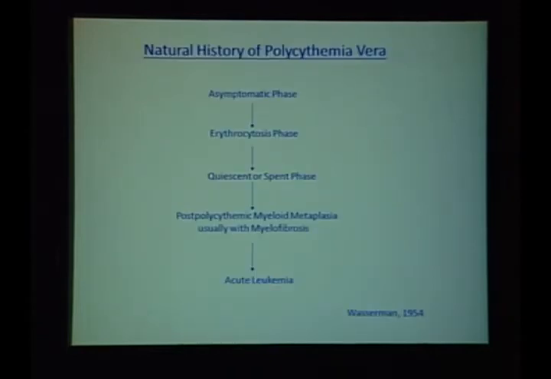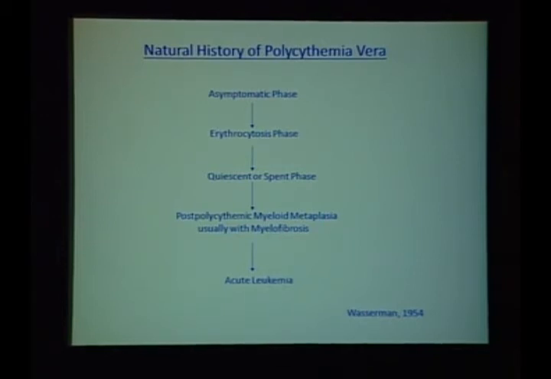So Louis Wasserman was one of the early pioneers in the study of polycythemia vera, and he put together this natural history, which starts out with people feeling well, then they have a headache because they have too many red cells or they get a blood clot, and then things get, well, they're not making as many cells anymore, the so-called spent phase, which really doesn't exist, and then finally they get myelofibrosis, and then they get acute leukemia.